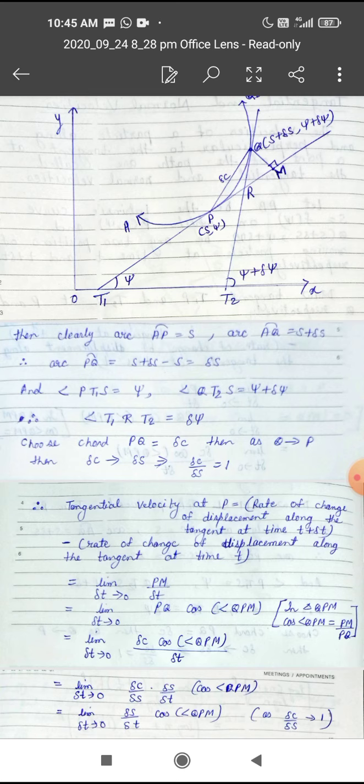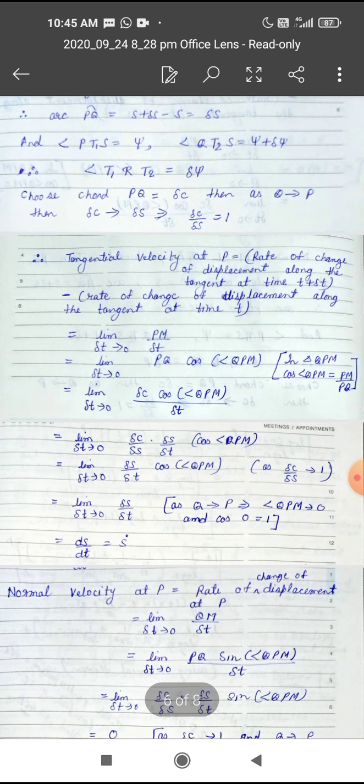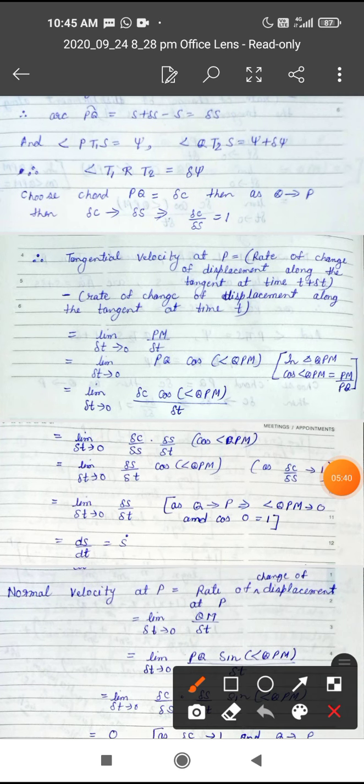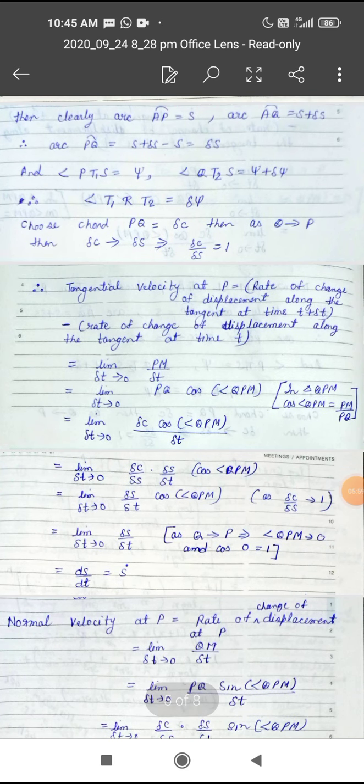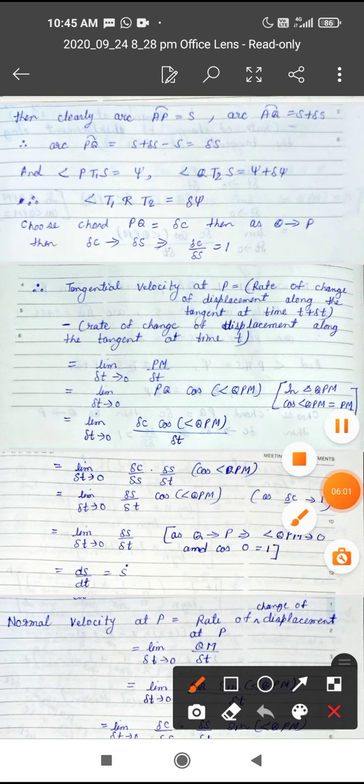So it is delta C cos angle QPM divided by delta t. Now this can be adjusted like delta C by delta S into delta S by delta t cos angle QPM. This implies limit delta t tends to 0, delta S by delta t cos QPM, as we have already discussed delta C by delta S tends to 1.